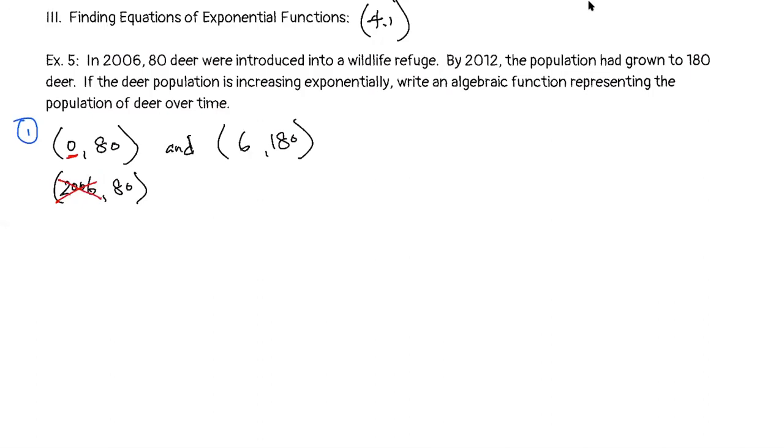Because 6 is the difference from 2006 to 2012. All right, so we've got our 2 points. Our next step is to substitute them into the equation. So we're going to get 80 equals a b to the 0, and 180 equals a b to the 6.